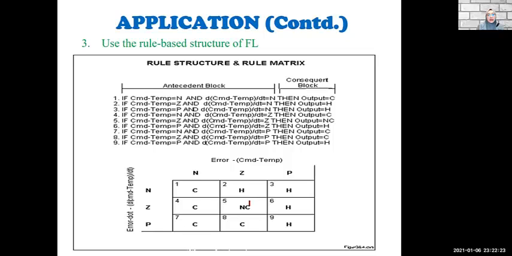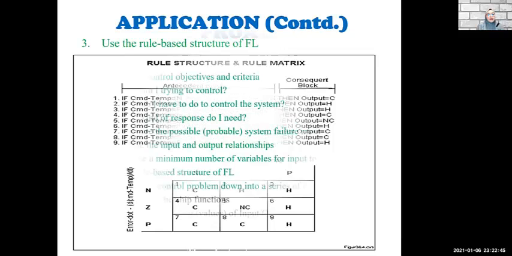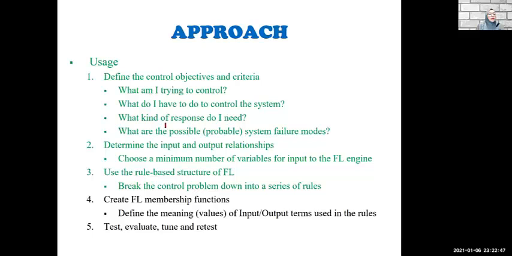But in some cases where the variable is not straightforward, you need to study and do experiments to set a correct value so that your rule-based structure is correct. So you need knowledge, you need a theory behind that. So we have done the rule-based.